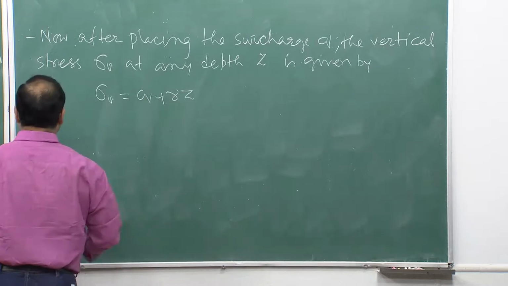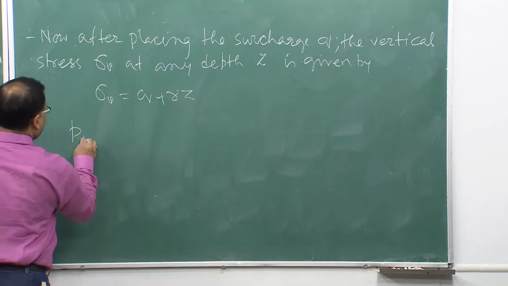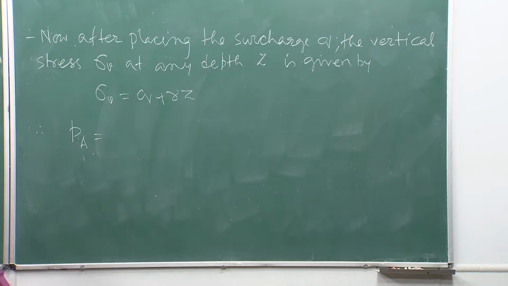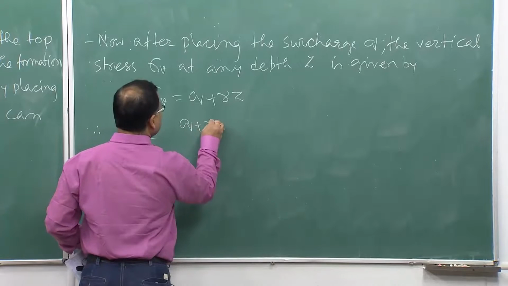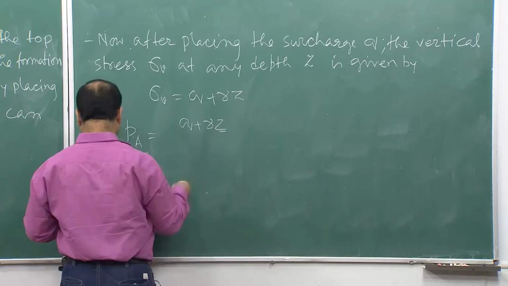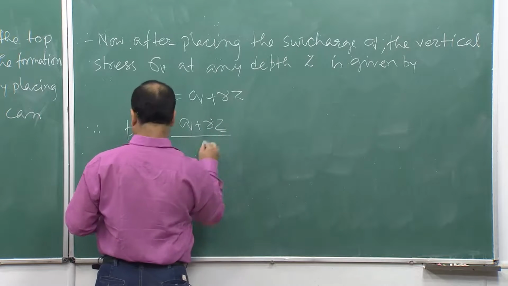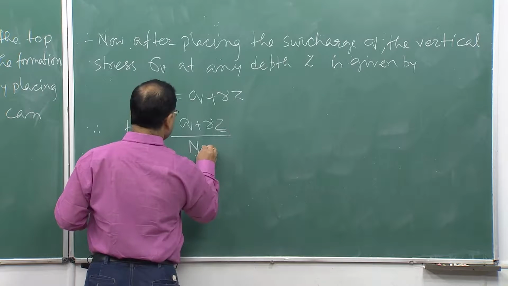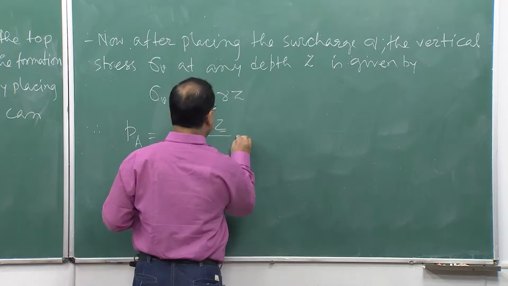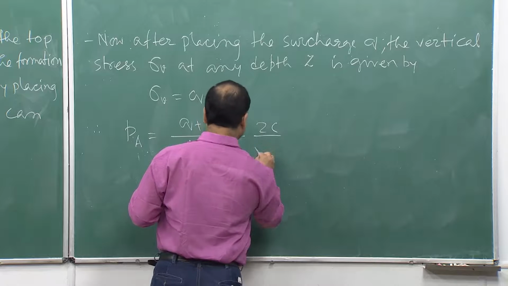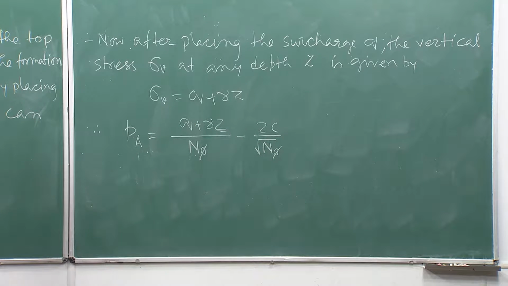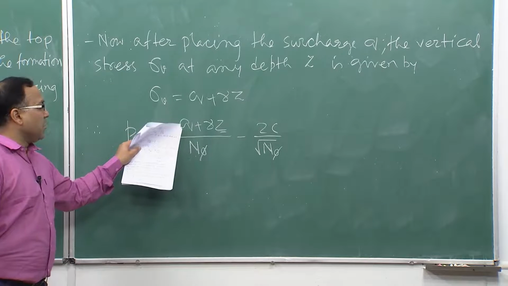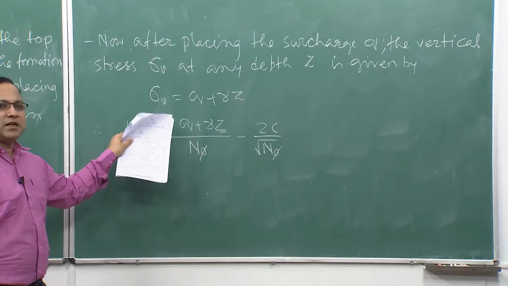So, therefore, the active earth pressure at point A, that is at the top of the wall, is nothing but (Q plus gamma Z) by n phi minus 2 c root over n phi. Am I right? So, instead of gamma Z, now you are having Q, this term is coming as additional term.